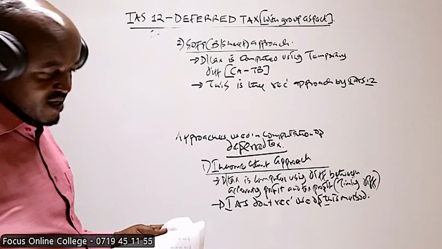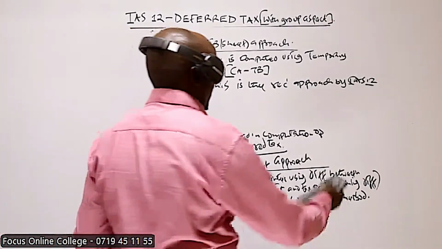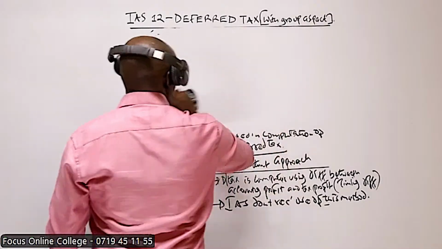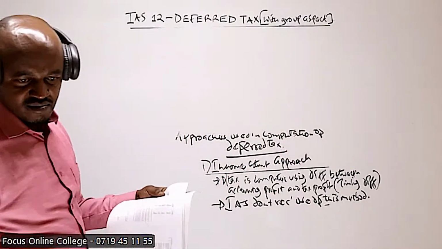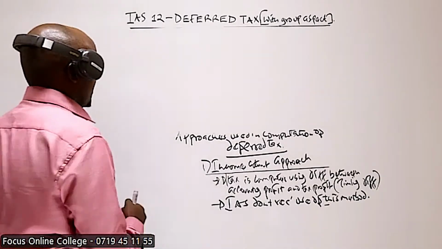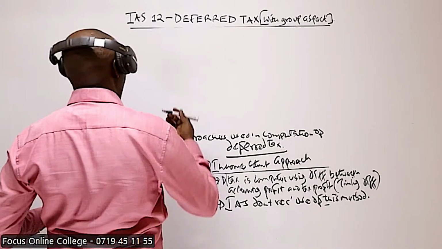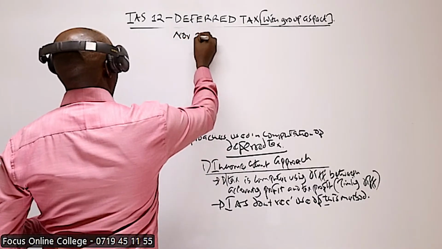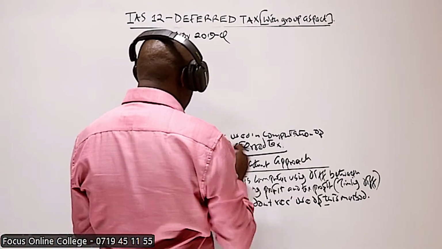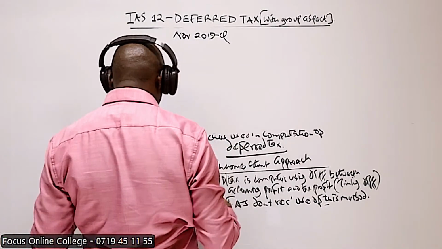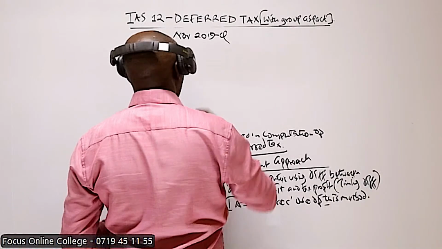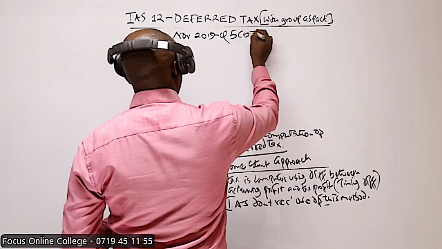I'm saying these are questions which you came across in the CPA intermediate level, because I think it was tested there. So November 2019, question number 5B.